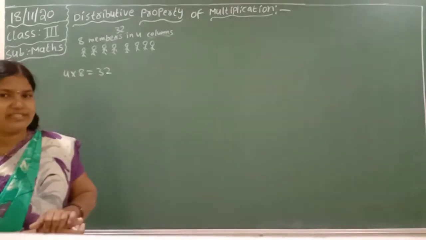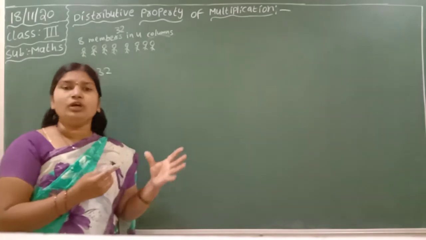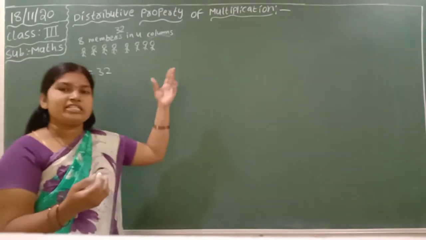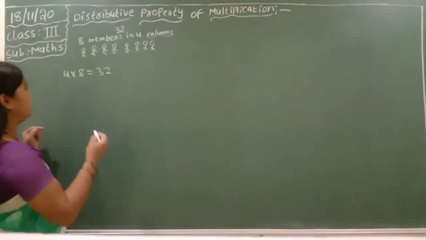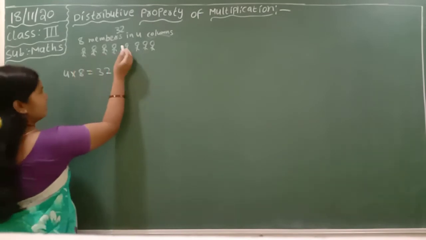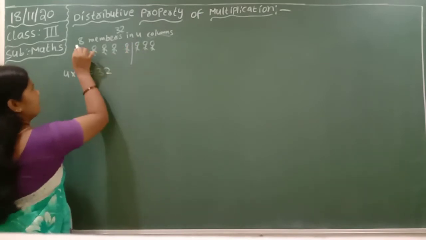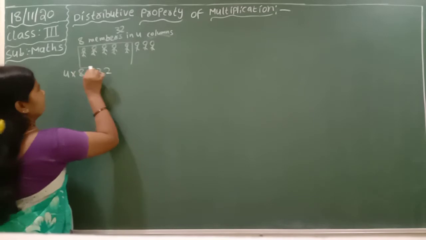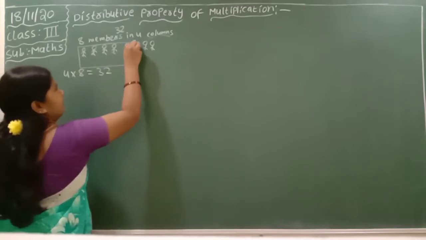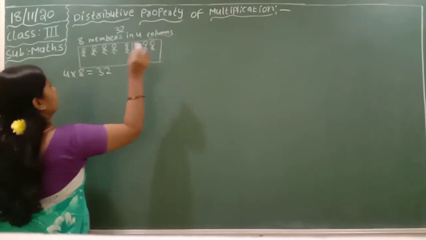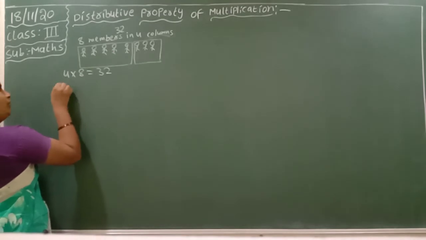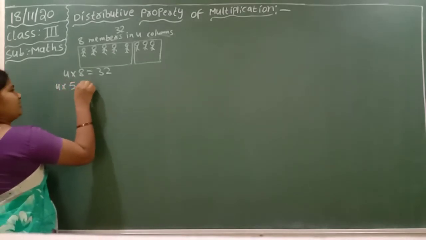In the next step, I separate this class into two groups. First of all, I take 5 members as group 1. Next, 3 members as group 2. That is 4 into 5 plus 3.